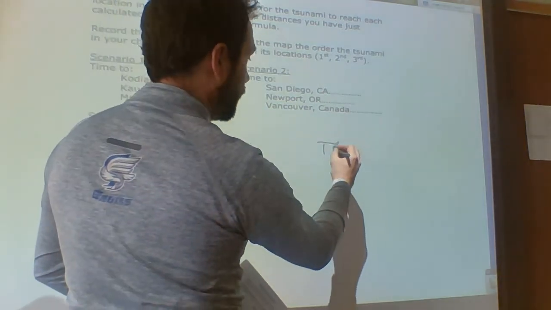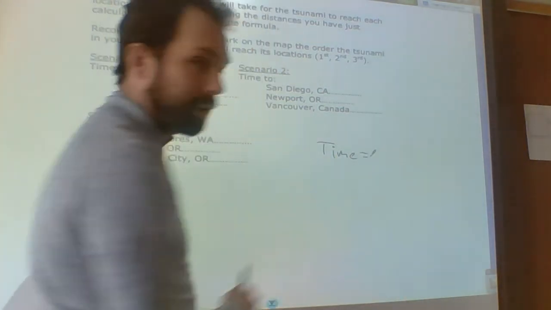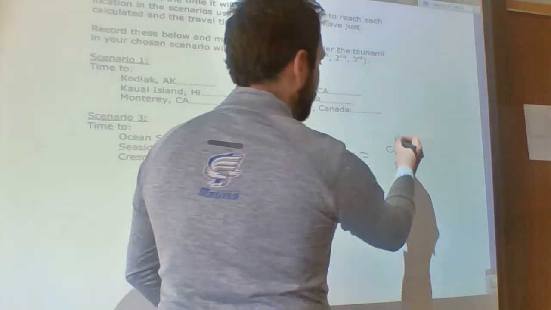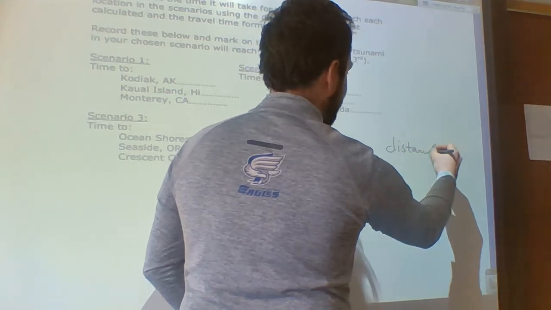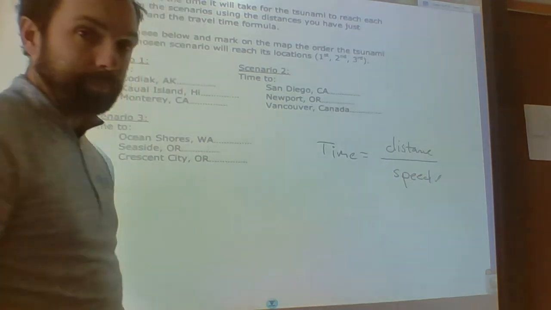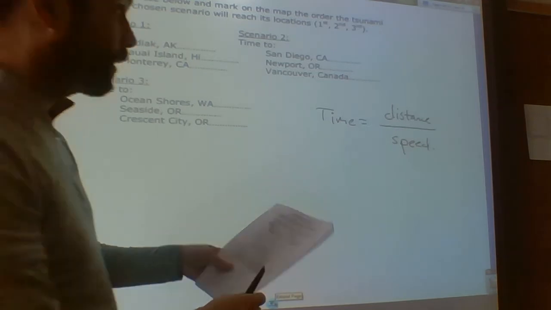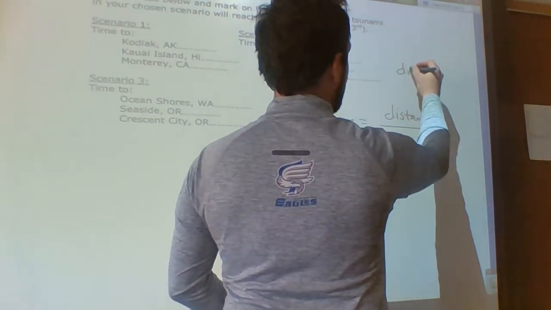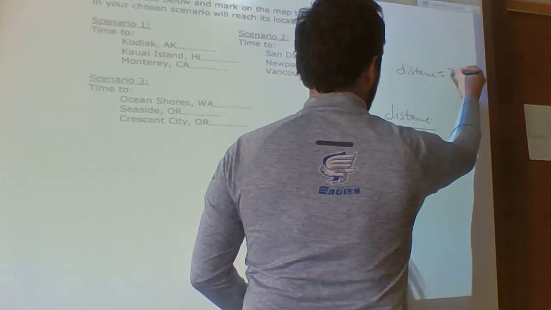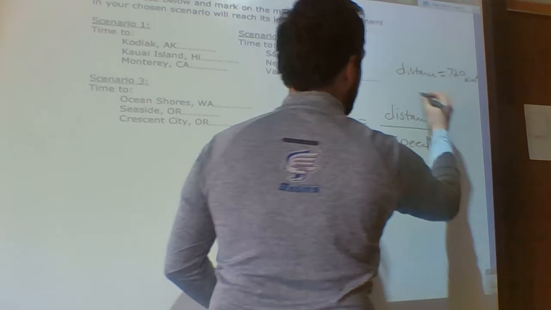Okay, and our time formula looks like this. Again, you can find this in that gray box on the front page, but time is equal to the distance divided by the speed. So we have some information I'm going to bring back to our page here. Our distance is about 320 kilometers.